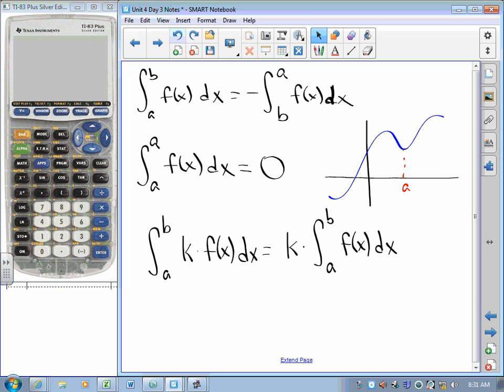Well, in this case, we take a function, multiply it by k, add up all the areas. And in this case, we take the areas of all the rectangles and then multiply them by k. So in the case on the left, we're multiplying every rectangle's height by k, which in turn will multiply all the areas by k, which is what the thing on the right says to do in the first place.